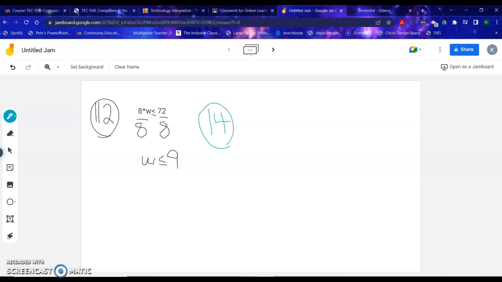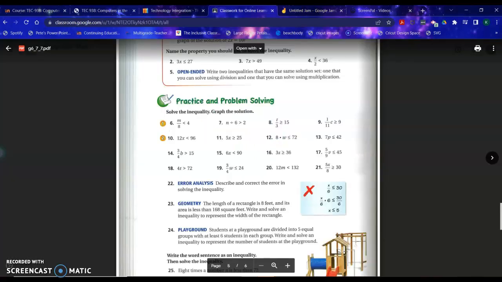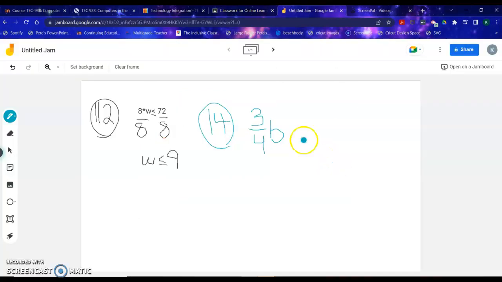Number 14 is going to be 3/4 B is greater than 15.